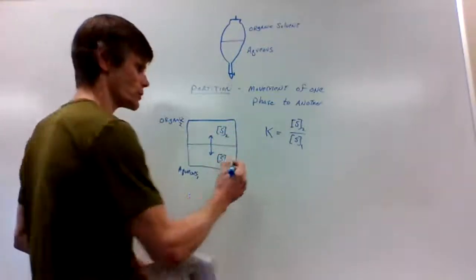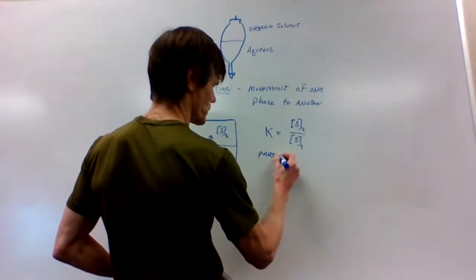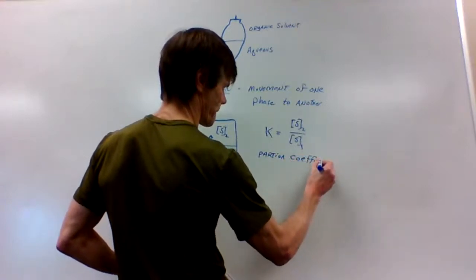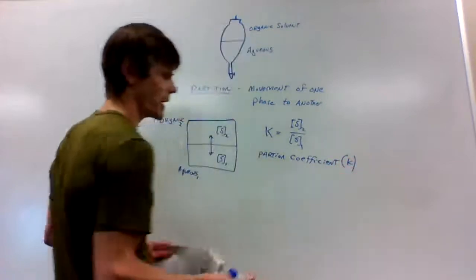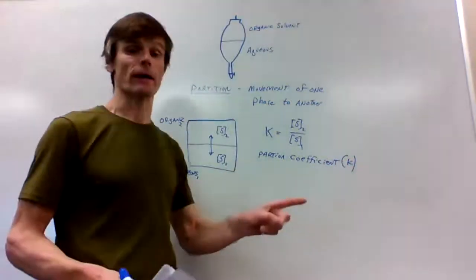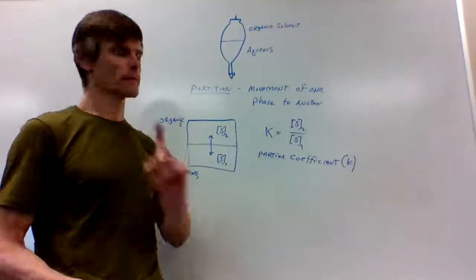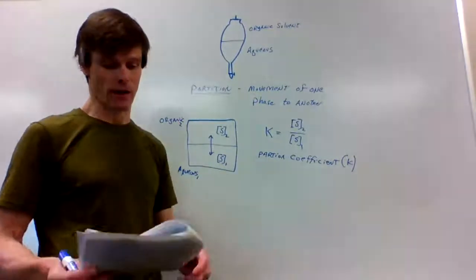It's called the partition coefficient. That's a K in this respect. It's capital K. Make sure you know it's capital K, because later in this discussion on chromatography, we're going to be using a lowercase k.